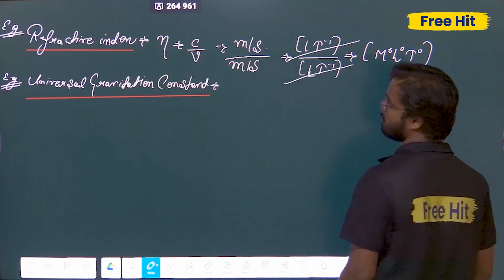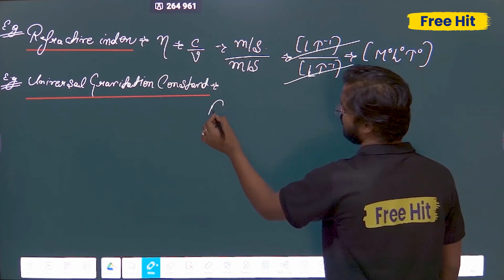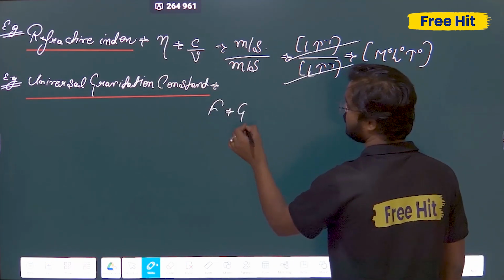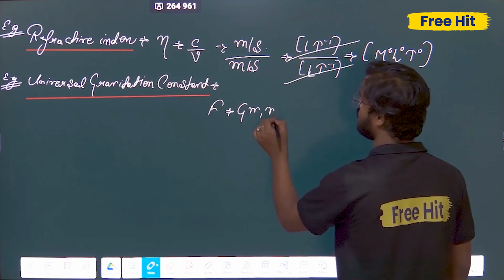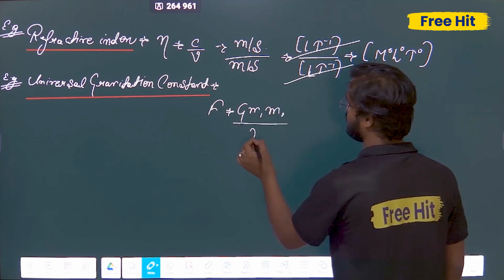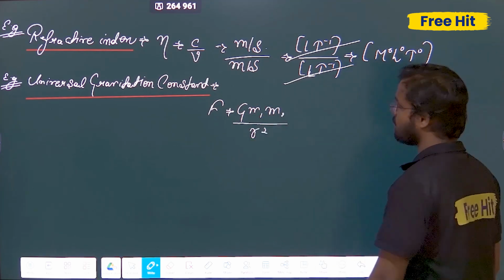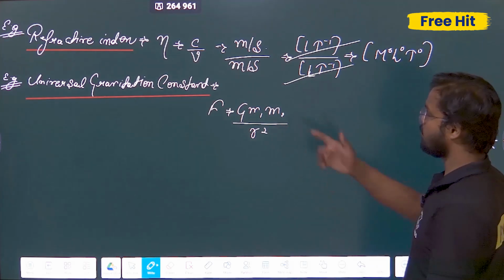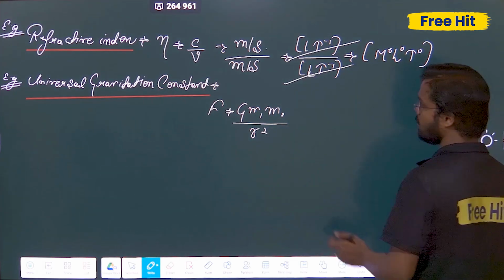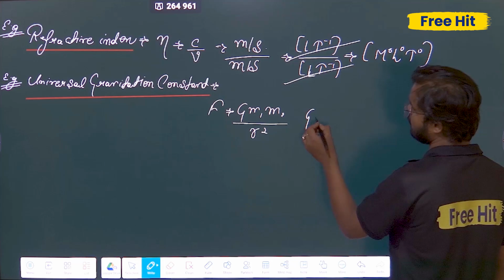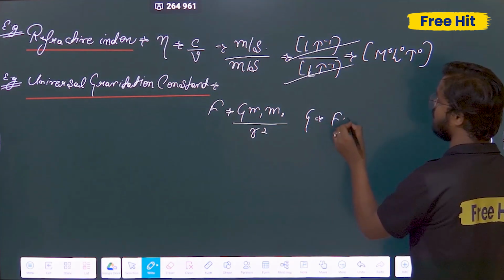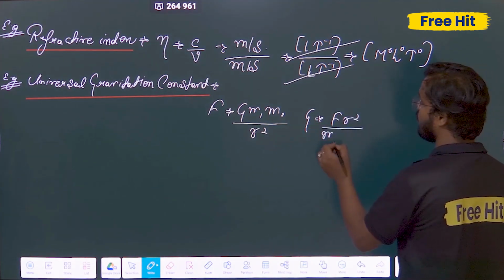If you talk about universal gravitation, we know that formula. Maybe some formula you don't know, but don't take stress. We will learn all these formulas as we go further in the subject. So force is equal to G into M1 M2 by R square. This is the formula. So from here you can write G is equal to what? That is F into R square upon M1 into M2.